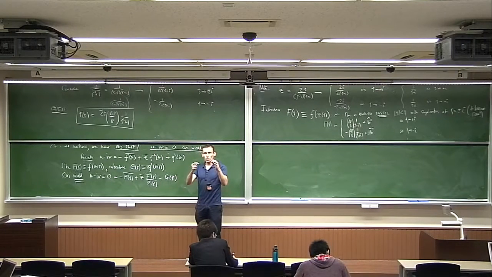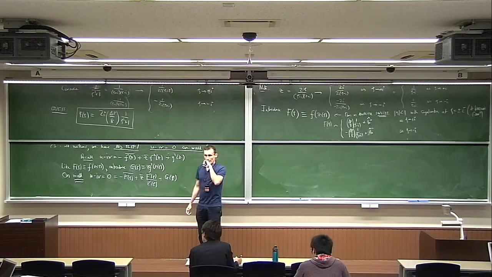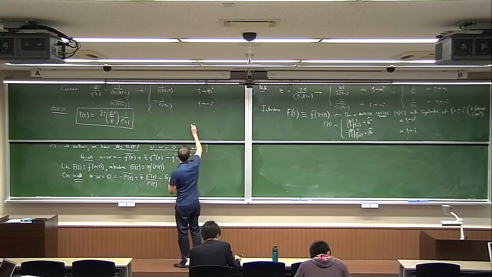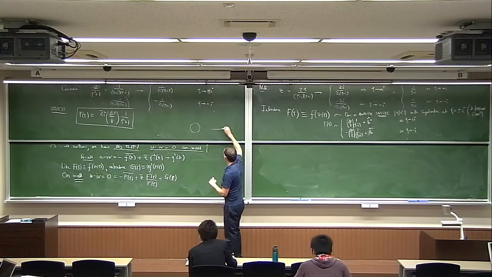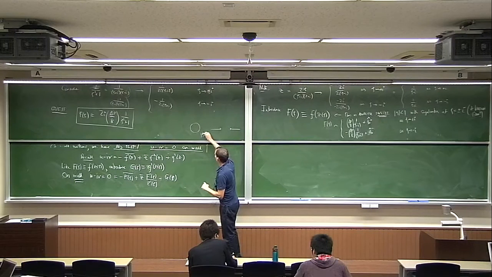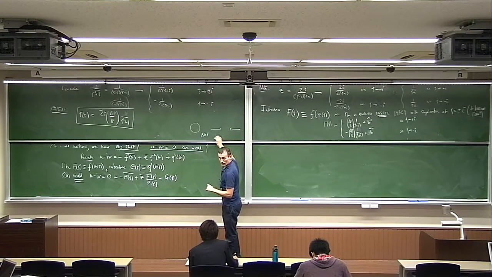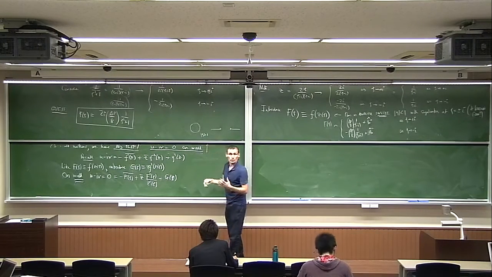What does the wall correspond to now in my zeta domain? I've rubbed it off, haven't I? But it was the unit disk. The unit disk maps to the walls. That's the whole point of the conformal mapping.